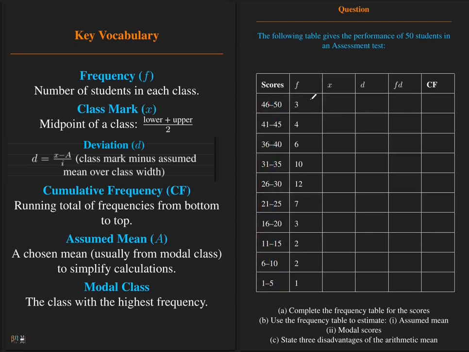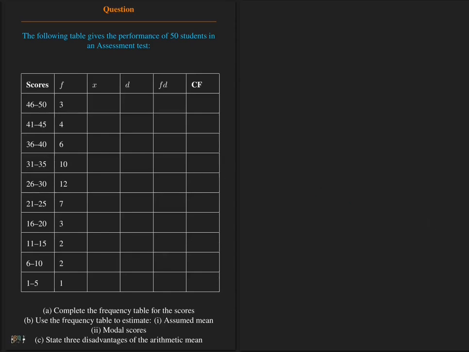So to get X over here, which represents the midpoint or the class mark of all these scores, all you simply do is to find the sum of the boundaries and then divide it by 2. In other words, find the average of the boundaries. So how do we do that? I'll do just a couple of them, and then you'd observe the pattern.